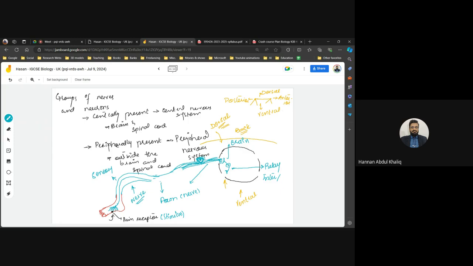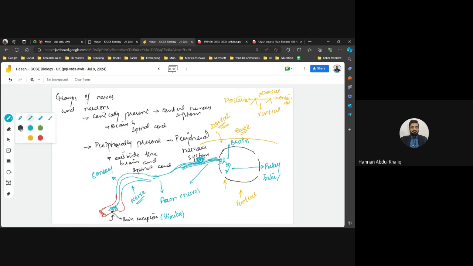But once the sensory neuron stops here, who would take the stimulus to the brain now? The rest of the stimulus would be handed over to the next neuron, which would take it towards the brain.